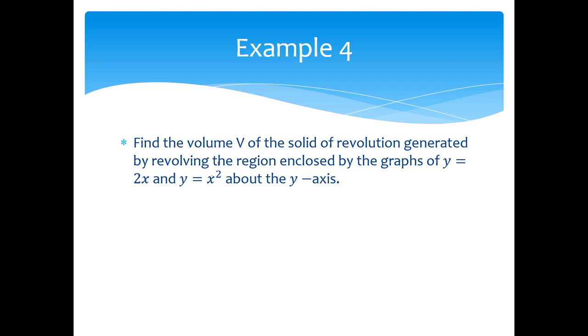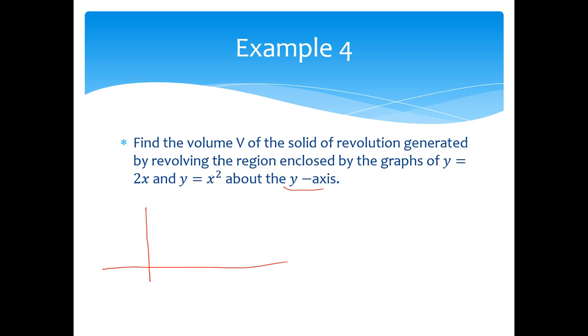Find the volume V of the solid of revolution generated by revolving the region enclosed by the graphs y equals 2x and y equals x squared about the y-axis. This is very easy to graph because I have the parabola and the function 2x.